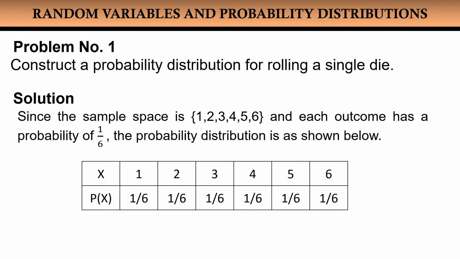So to check if the answer is correct, you just add the probabilities. And if the sum is equal to 1, so we are correct. So 1/6 plus 1/6 plus 1/6 plus 1/6 plus 1/6 plus 1/6 is equal to 6/6. And we know that 6/6 is equal to 1. So this is correct. This is the probability distribution for the given problem.